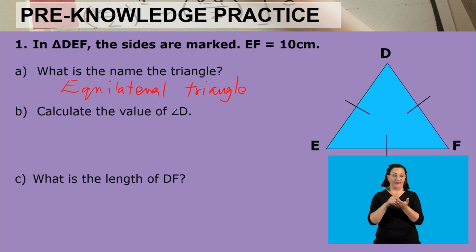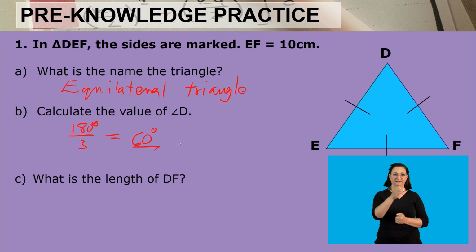And then calculate the value of angle D. Already we know that if it's an equilateral triangle, all three angles are equal to each other, and when added together, they are equal to 180. So all three angles would be equal to 180 divided by 3, because they are all equal, and that would mean 60 degrees each.